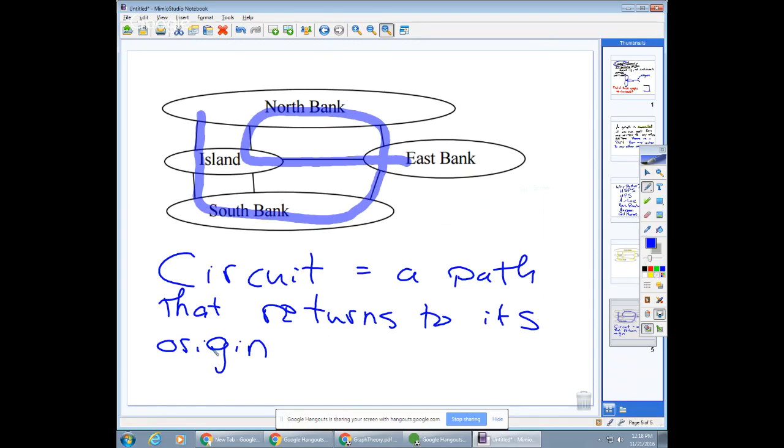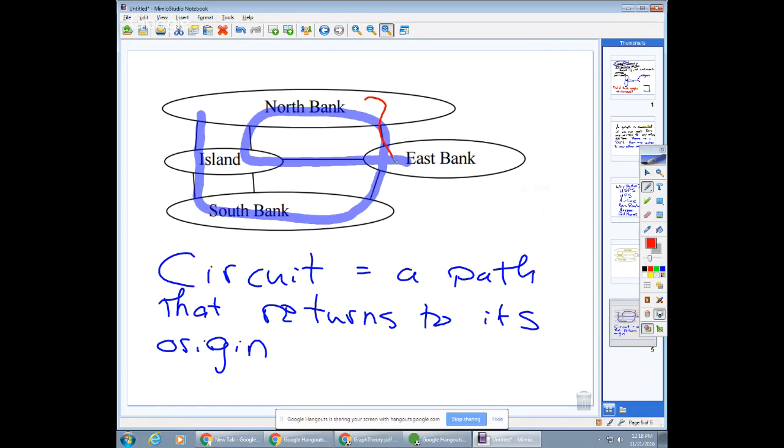I can make a path from the North Bank to the East Bank. I could have made a shorter path from the North Bank to the East Bank by just doing that right there. So a path just gets you from one vertex to another. A circuit takes you back to where you started. So I didn't quite make a circuit here.